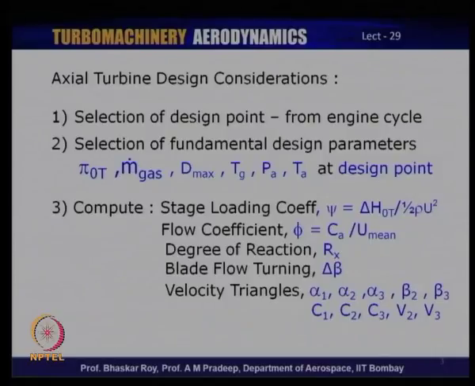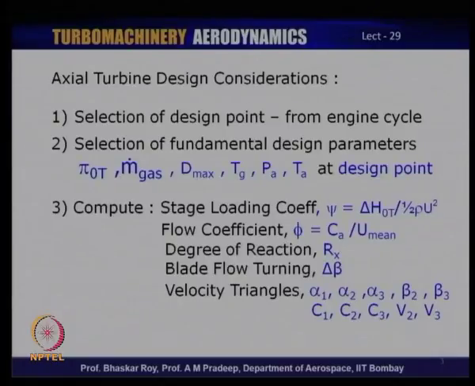Now, in case of the stator, in many designs it may be constant from root to tip, but in the rotor it would vary from root to tip, which means the turbine rotors would have some amount of twist. Then you have the velocity triangles or the angles and the velocities: alpha 1, alpha 2, alpha 3 and then beta 1, beta 2 and beta 3 across the rotor.